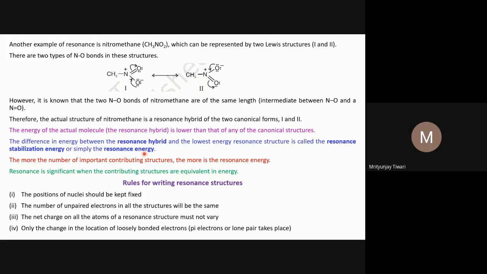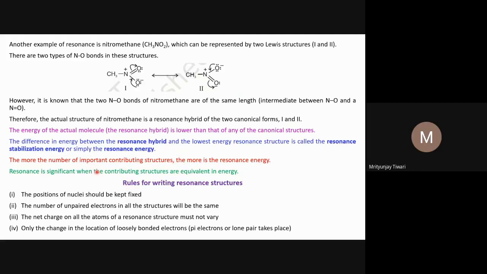There are many other factors as well, but usually one can consider that the greater the number of contributing structures, the more is the resonance energy, the more is the stabilization of the actual structure, and so the molecule will be lower in energy and more stable.